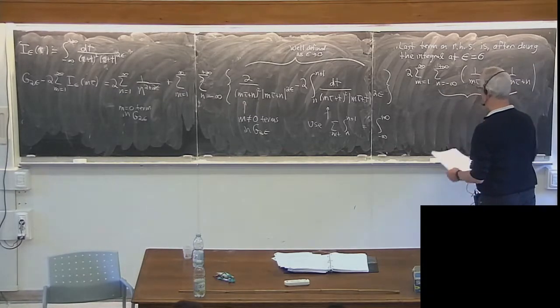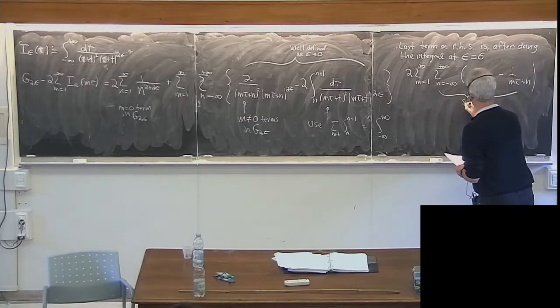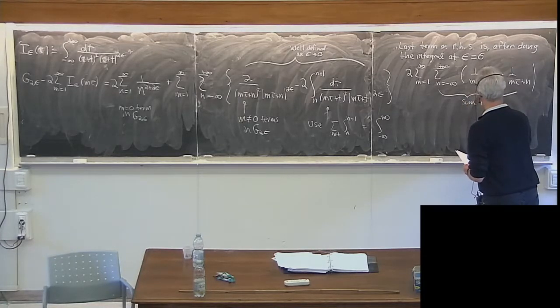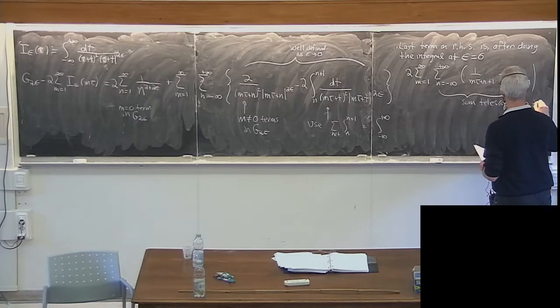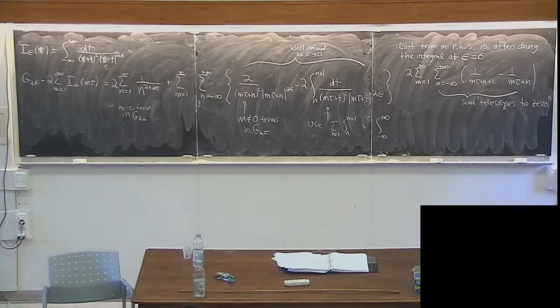This sum is what's called a telescoping sum, and it telescopes to 0.